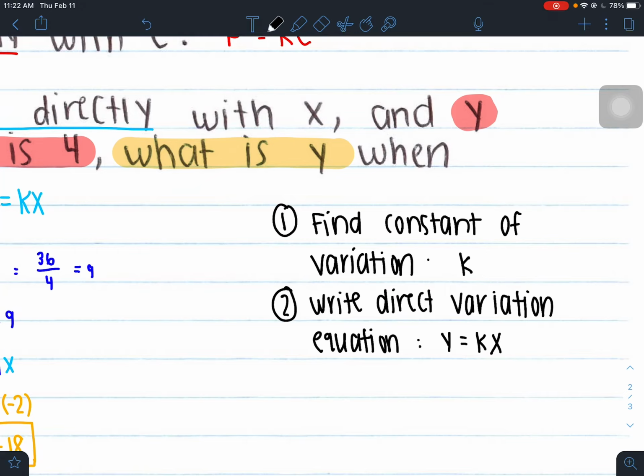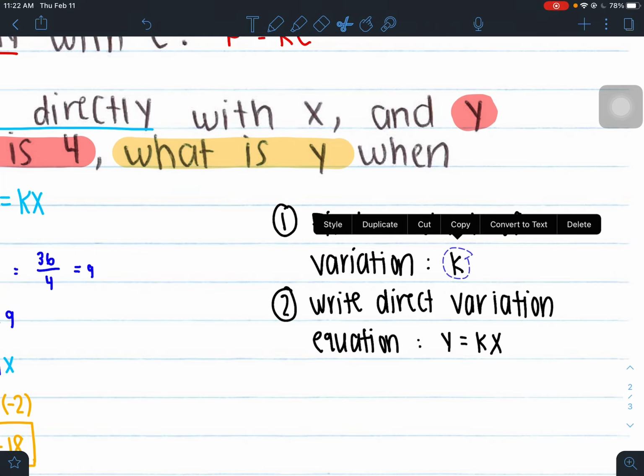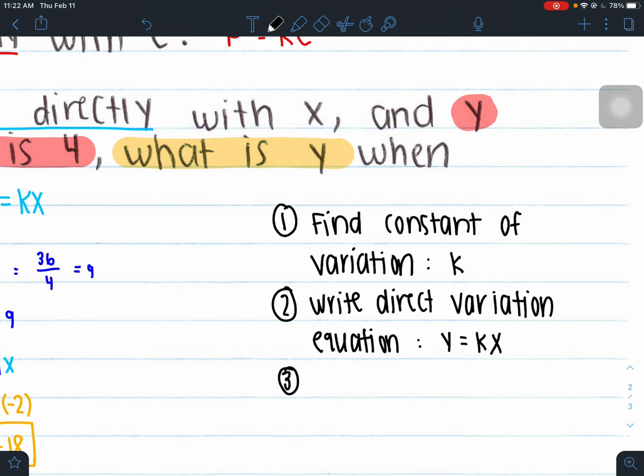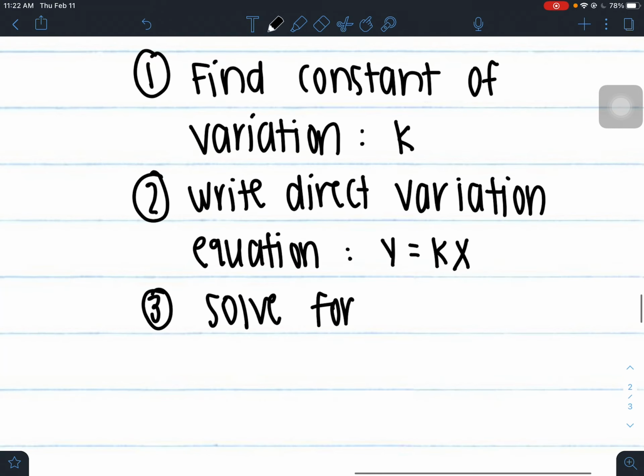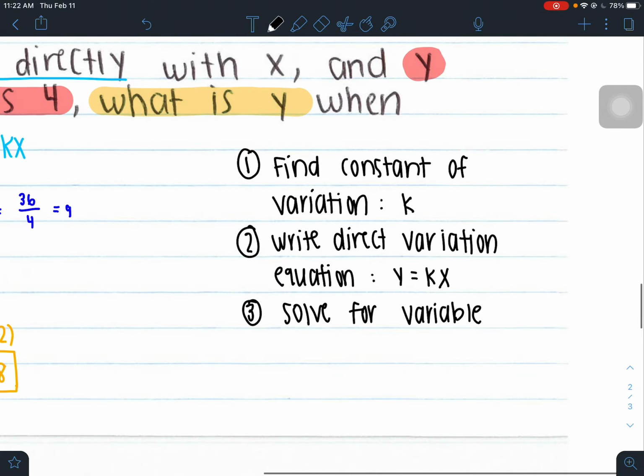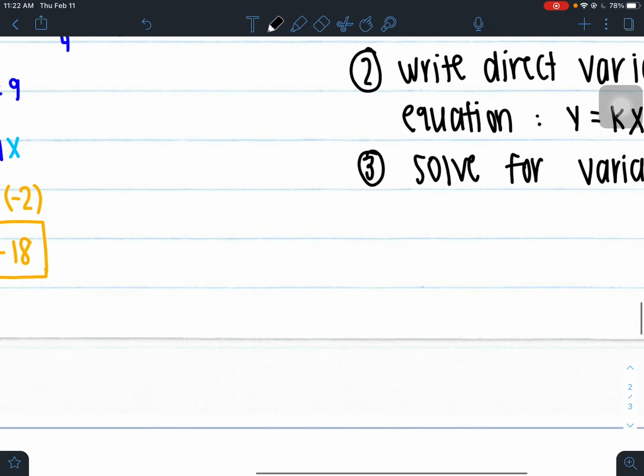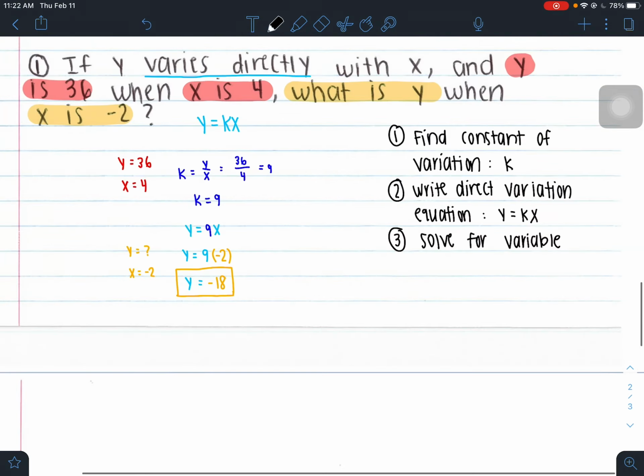And then the last step is solve for the variable. Solve for variable. There we go. Okay. All right, so you have 3 steps basically is what you're going through each time.